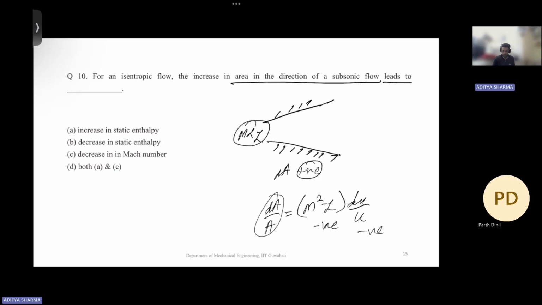So this is also going to be negative. Your velocity will decrease, so your Mach number will decrease, and your enthalpy will increase. Okay. So both A and C. This is the right answer to this question. Question number 10.